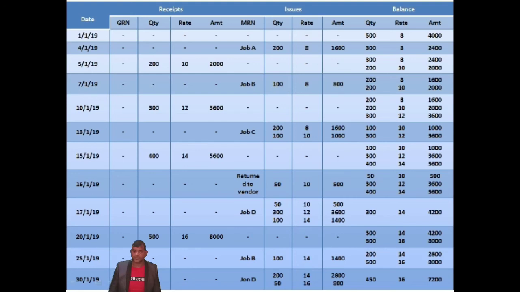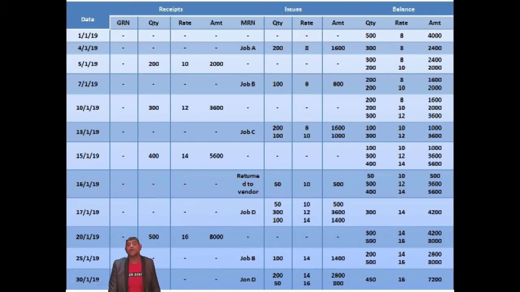So next is 25th January 2019. So there was an issue. So receipts all nil, that is GRN nil, quantity nil, rate nil and amount also nil. So MRN number, which job are we issuing? Job B. How many units are we issuing?